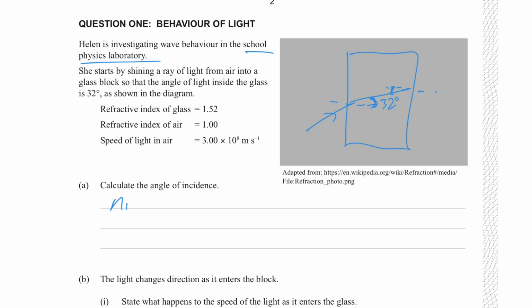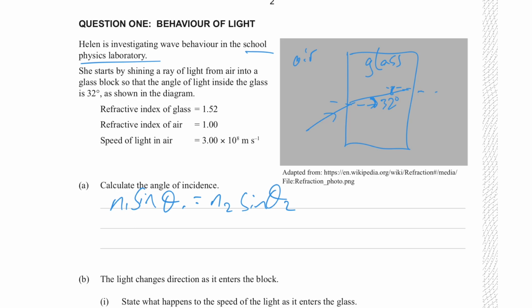So n1 sine theta 1 equals n2 sine theta 2. Same old here. It's going from air into glass.